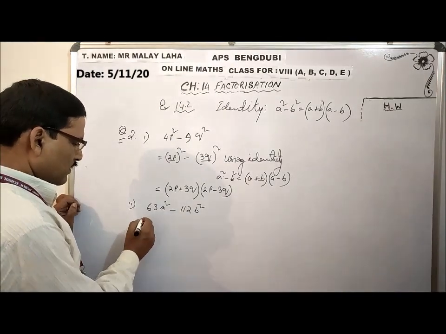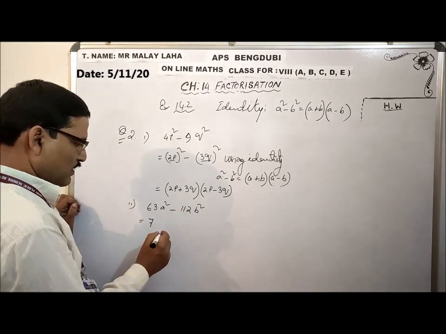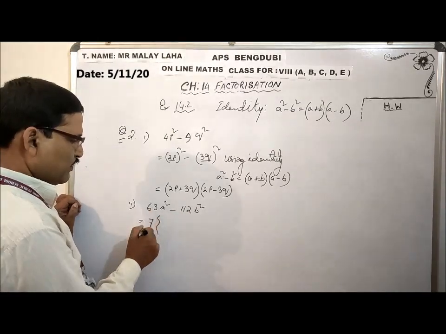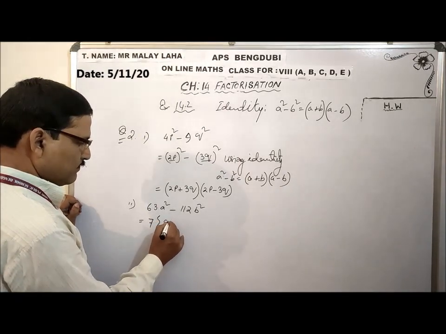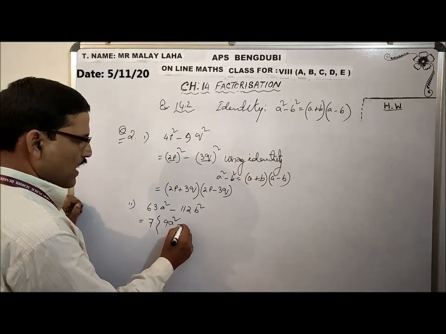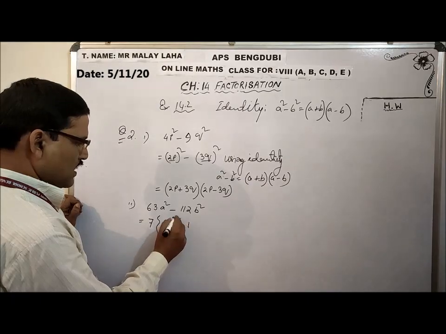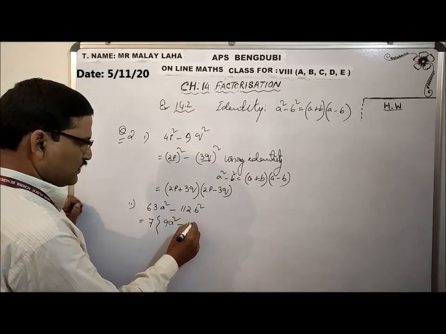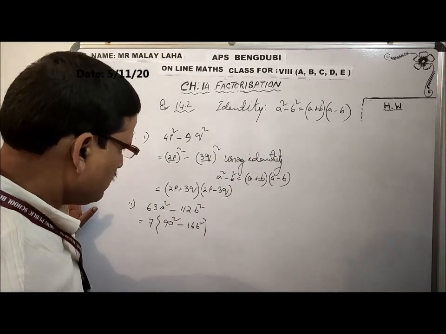If I take 7 common from both numbers, what will it be? 7 nines are 63. Now 9a square can be written as 3a whole square, and 112 divided by 7 is 16, so 16b square. Have you understood?